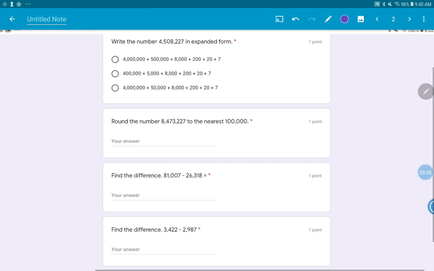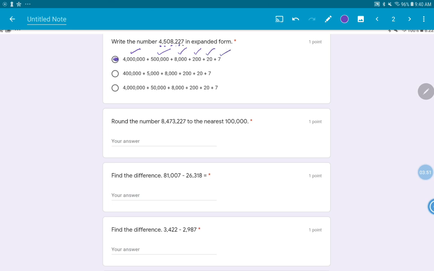All right, next up, we have the number 4,508,227 to put in expanded form. Olivia? The first one. Okay, so we've got 4 million, 500,000, no 10,000s, then 8,000, 2 hundreds, 2 tens, and 7 ones.